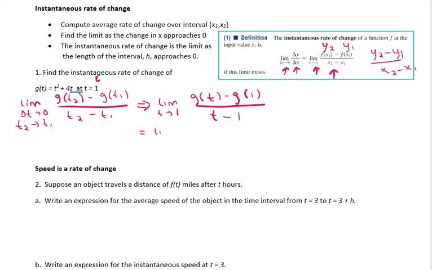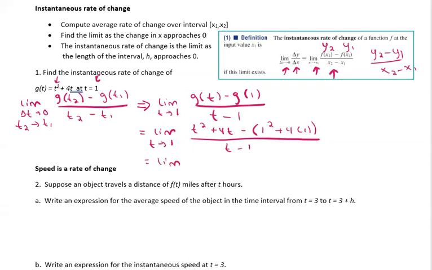So this becomes the limit as t approaches 1. Looking at our function over here, g of t means our function evaluated at t, which in this case it already is. So it looks like t squared plus 4t minus g of 1 means our function evaluated at 1. I'm going to put it in parentheses so I don't lose any of my signs. So this means take out the t and put in the 1, all over t minus 1.